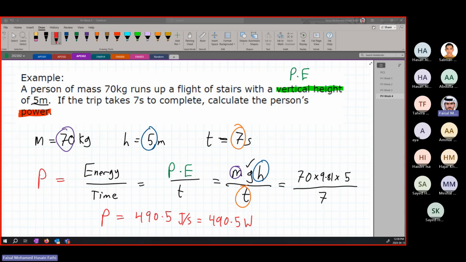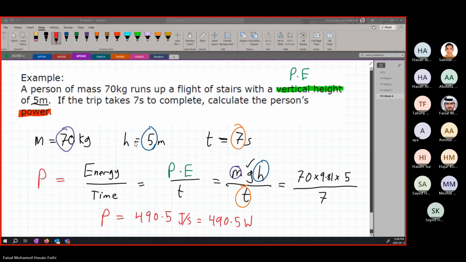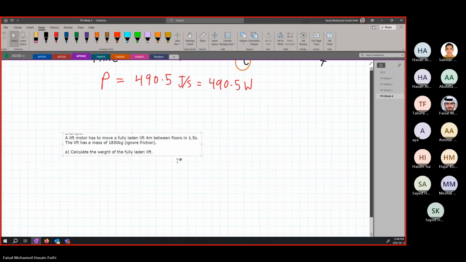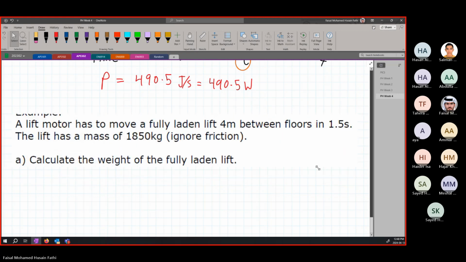Let's look at another question. Okay, this is a good question. A lift motor has to move a fully laden lift 4 meters between floors. So a lift goes up and down, all right?